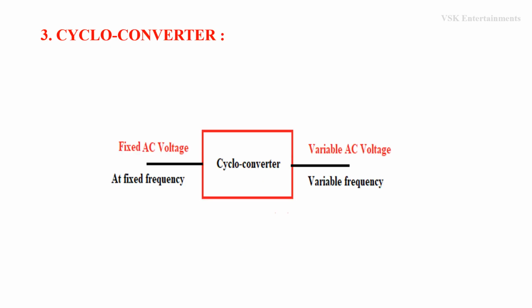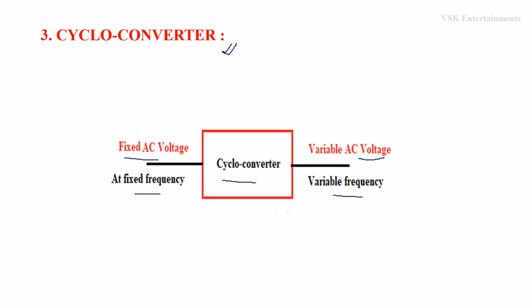Coming to the third type of converter, that is the cycloconverter. A cycloconverter is a circuit which converts fixed AC voltage at fixed frequency to variable AC voltage at variable frequency. The concept of the AC voltage regulator and the cycloconverter are the same, which converts fixed AC voltage to variable AC voltage.